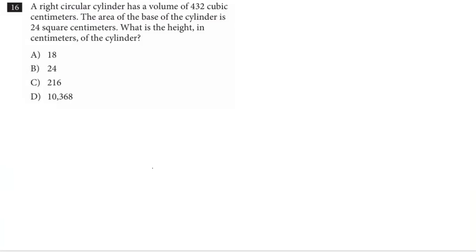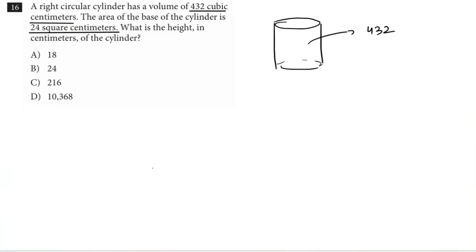Question 16. A right circular cylinder has a volume of 432 cubic centimeters. The area of the base of the cylinder is 24 square centimeters. What is the height in centimeters of the cylinder? So we have a cylinder, its volume is given, which is 432. The base area is a circle, which is pi r squared, and its value is given as 24.